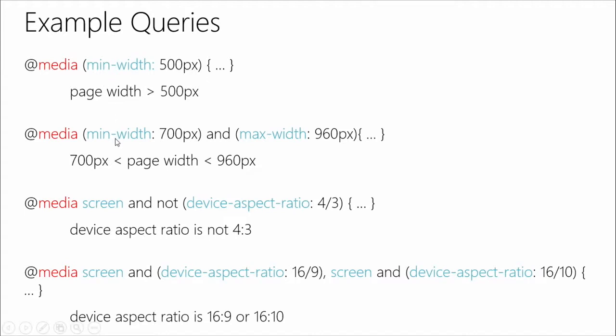The next is what I just talked about, when you set a min width and a max width. So basically, if the page width is now between 700 pixels and 960 pixels, what should you do? And I guess this is a good point to say, I mostly use min width because that is overwhelmingly the best indicator of someone's screen size.